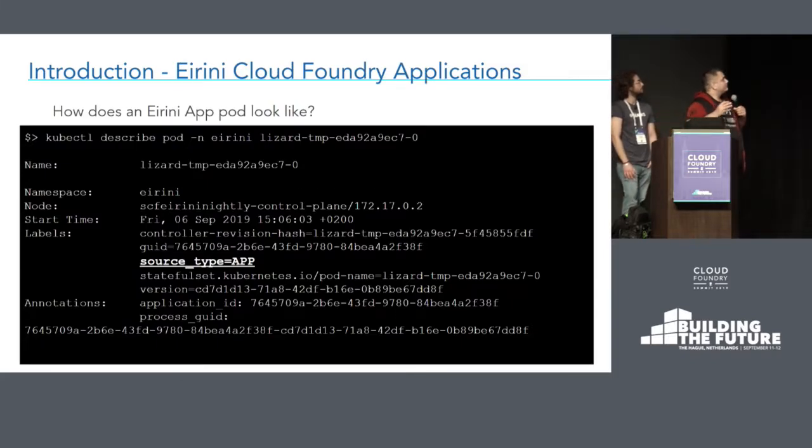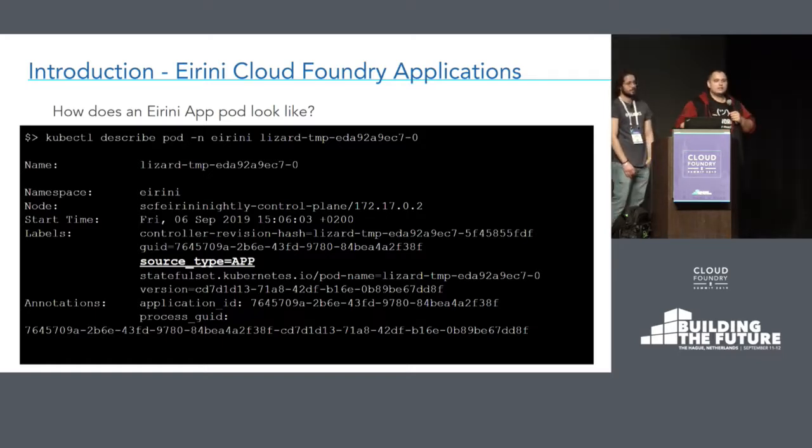Okay, the next part is the other side of the issue. The Cloud Foundry app, that's actually a pod in Kubernetes. This is how it looks if you describe it. If you use kubectl describe for one of those application pods, this is what you get back. And the thing that we care about here is the source type.